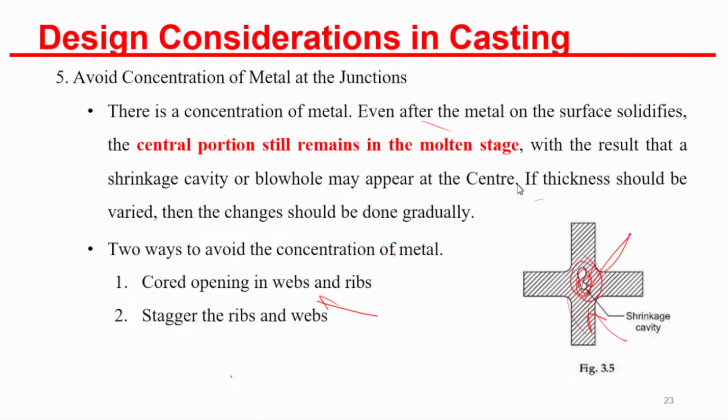Actually, a good casting design always considers how metal flows and solidifies. So we are focusing on avoiding metal concentrations at junctions, which improves casting quality. Okay, and according to this, we can minimize defects and enhance the strength and reliability of the component.